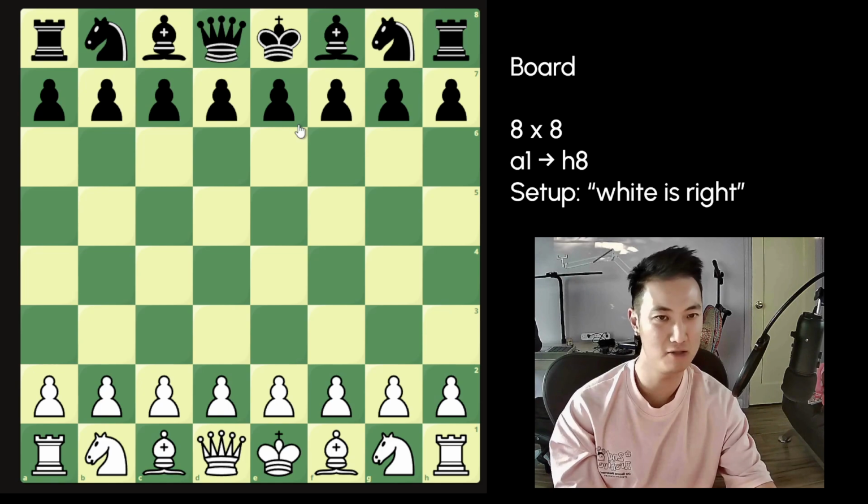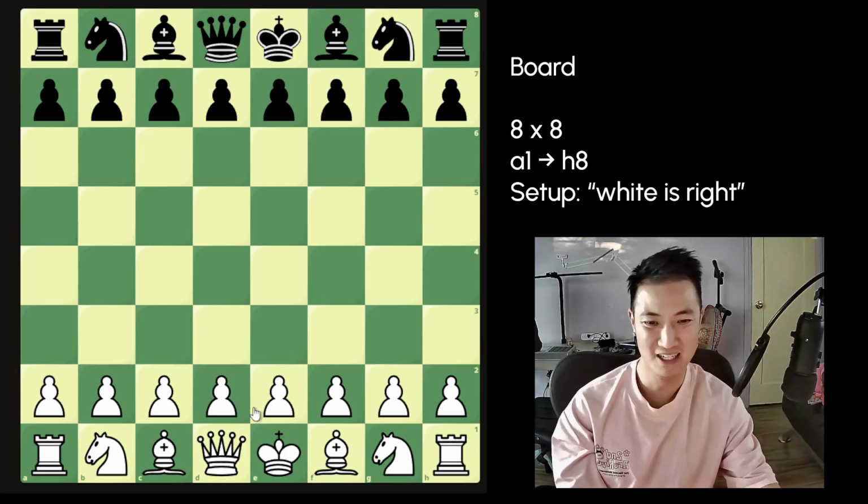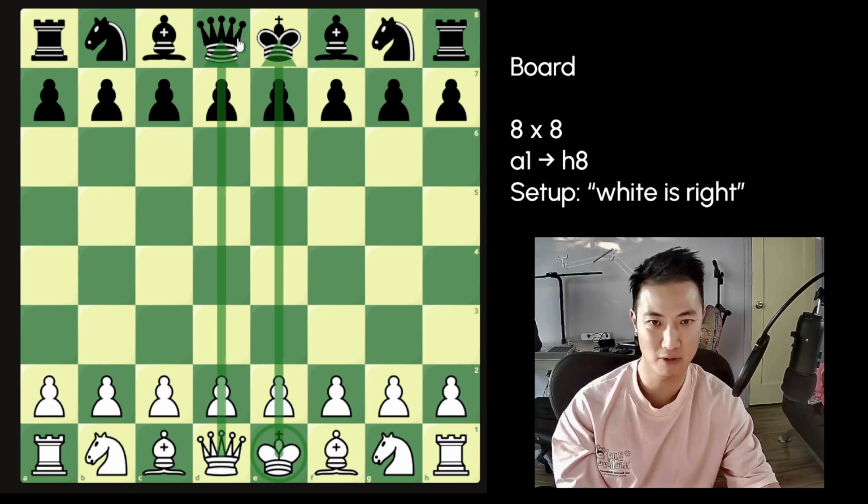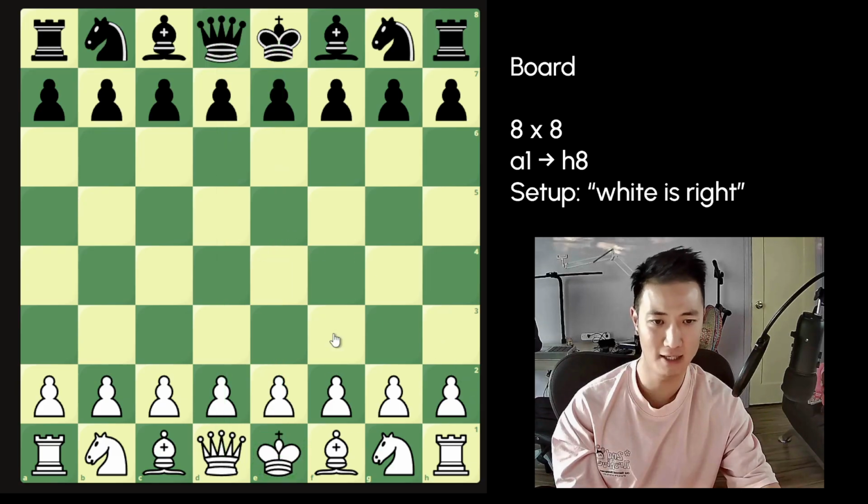A really easy way to remember is that white is right, because this game is pretty old and racist. That's how I think about it. So the king is on the right for white, and the king and queen always match across the board. Think about the orientation of the board as well in terms of which corner is a light square and which is a dark square. White is always right, so the bottom right square is white as well.